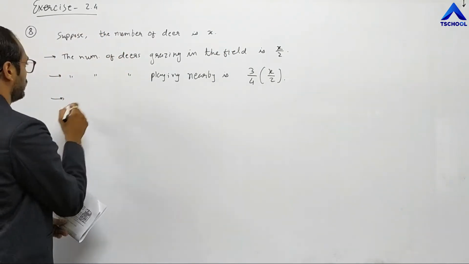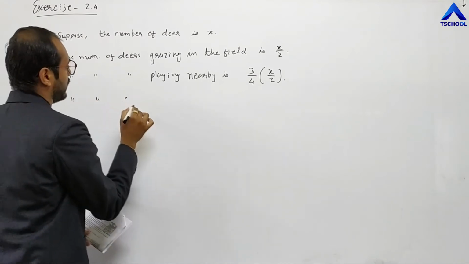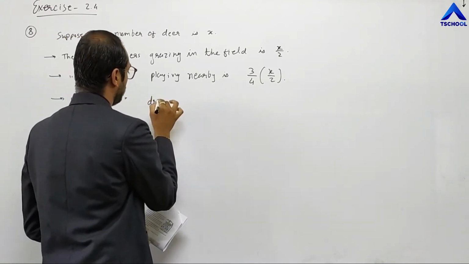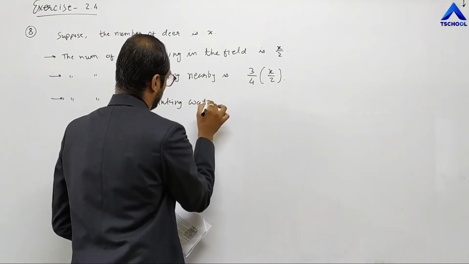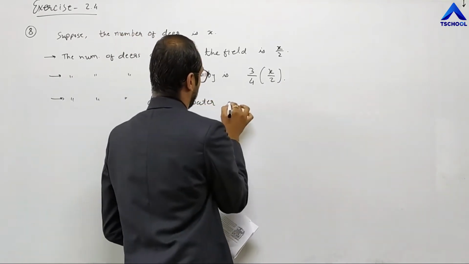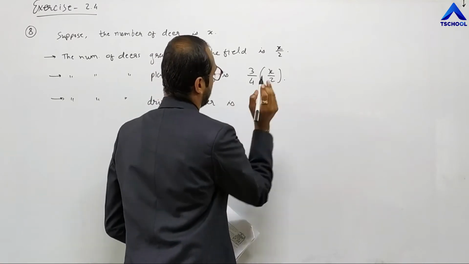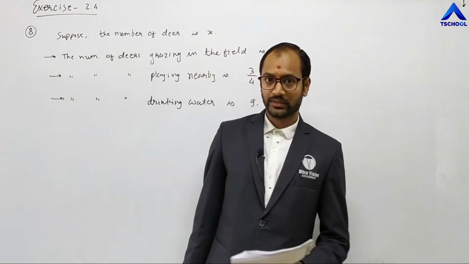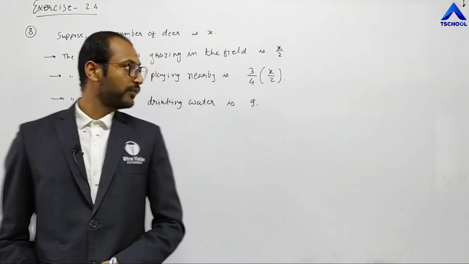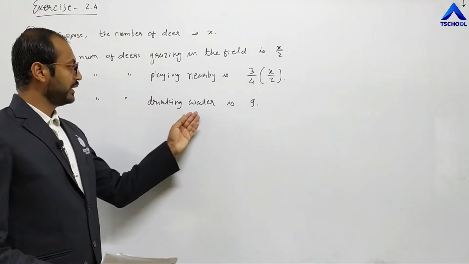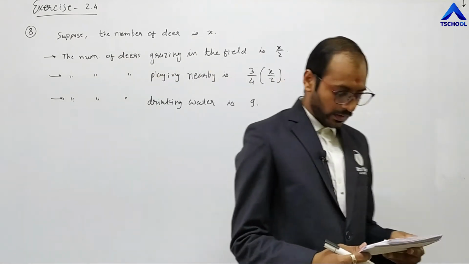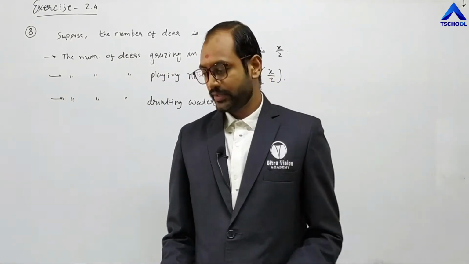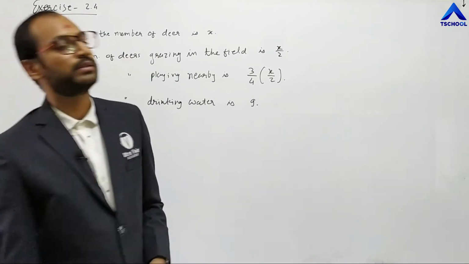So the number of deer drinking water is 9. Find the number of deer in the herd.